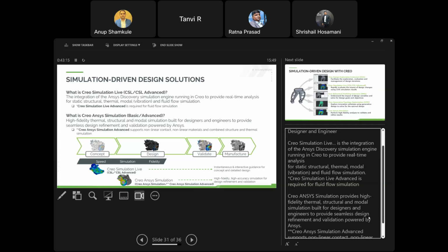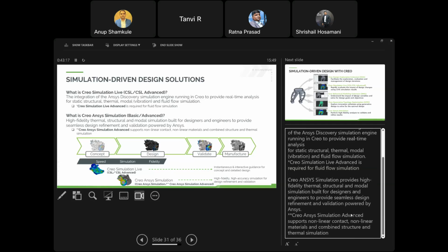And with Ansys Simulation, you have high fidelity in terms of thermal, structural, and modal simulation, aimed at design engineers whenever you want design refinement or validation, powered by Ansys. At the same time, Ansys Simulation Advanced has nonlinear capabilities in terms of contact, material, and coupled analysis.